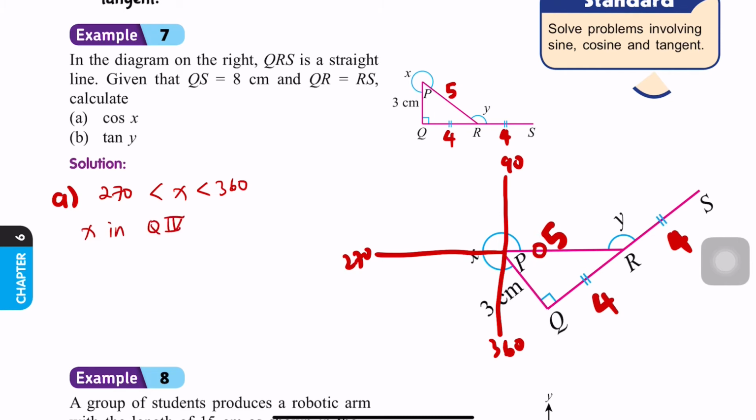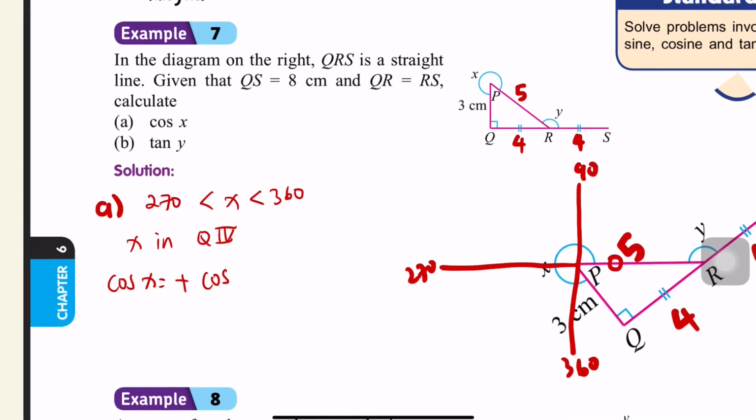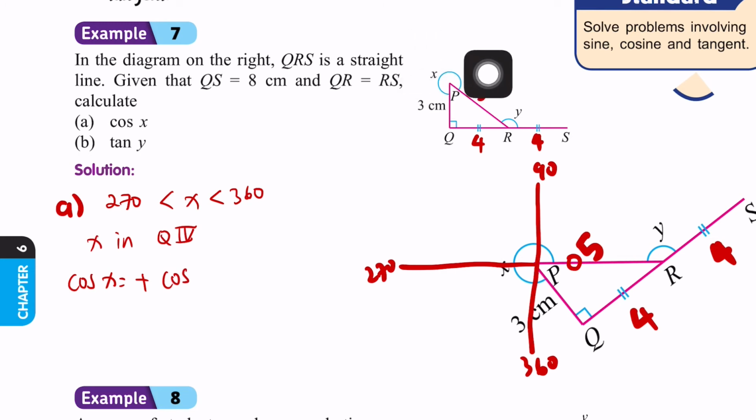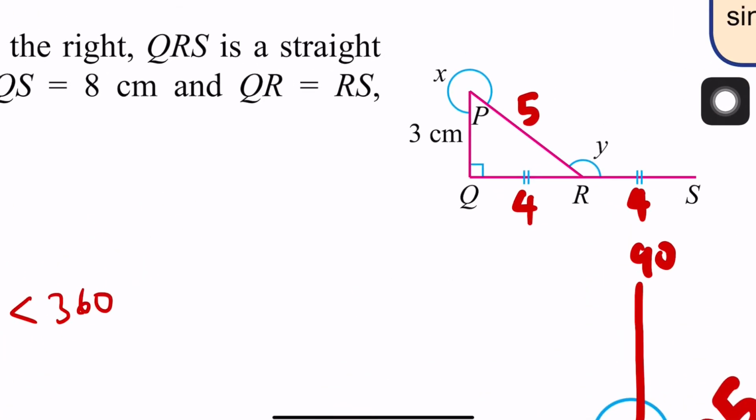Okay, so dia nak cos kan? So tulislah cos X. So cos in fourth quadrant is positive. So plus. So macam mana kita nak kira? Kalau dalam segitiga ni, kalau kita nak cari yang luar ni, kita tahu dia sebenarnya corresponding angle dia yang di dalam ni. Itu yang sebab kita belajar corresponding tadi.